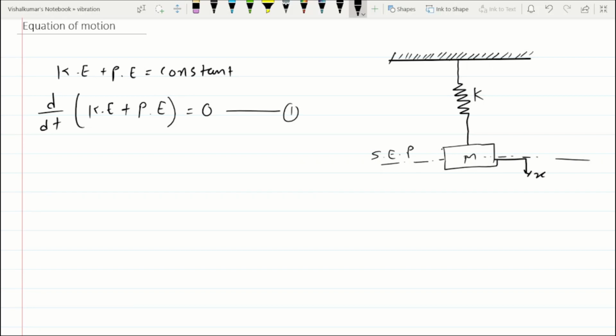So here we have a system at the static equilibrium position, with mass m and a spring of spring constant k.